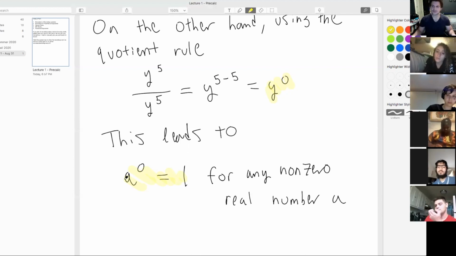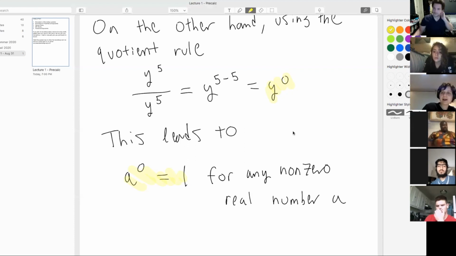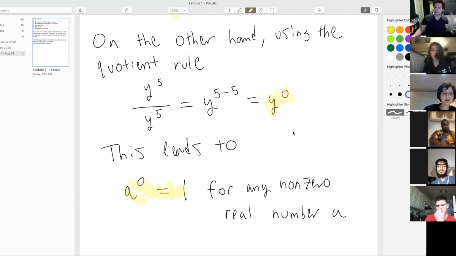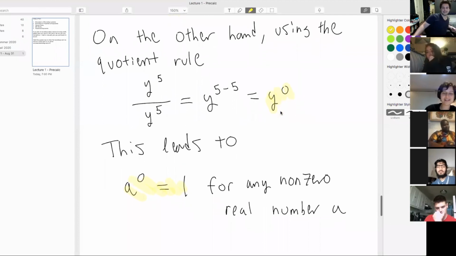I think some people have some questions, so just go for it. If something is not multiplied by itself because the exponent is 0, isn't it 0? I was a little bit confused.